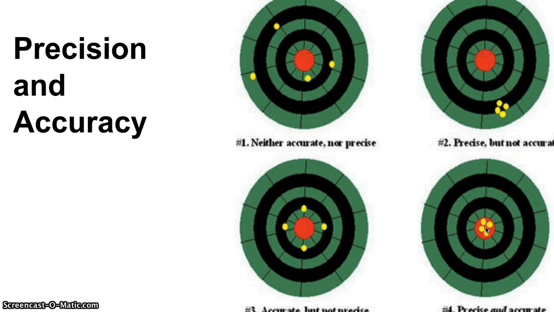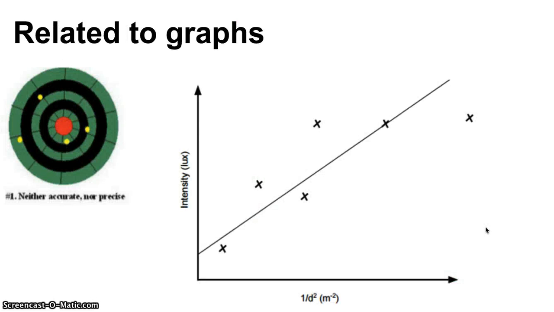So how does this relate to your graphs? Well, here, my goal would be to get a straight line of best fit that goes through the origin.